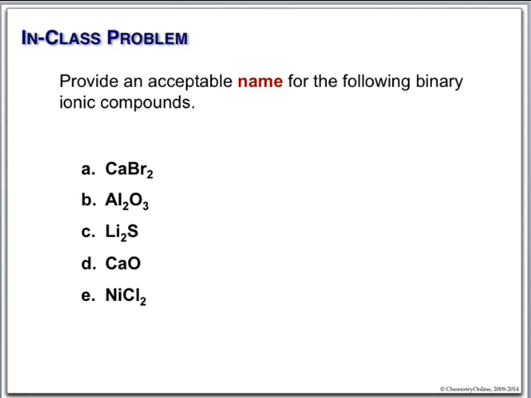Our first one, our compound is made from calcium and bromine. First word is going to be calcium. Our root here is brome, so this is calcium bromide.